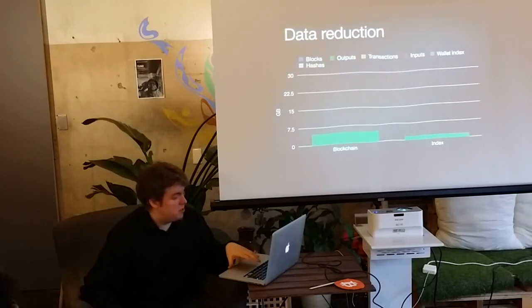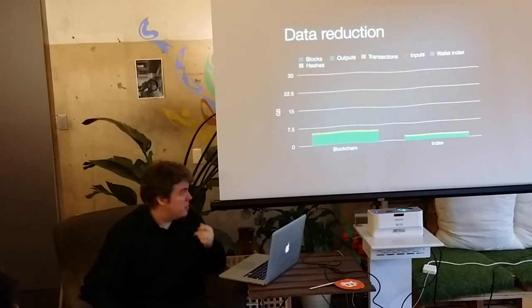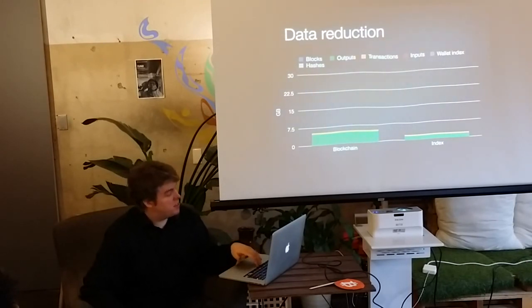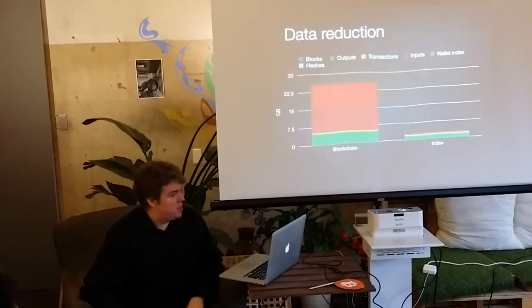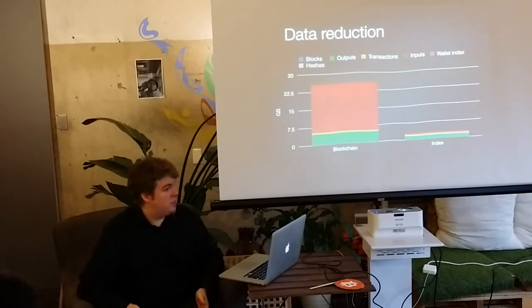In our reduced index, we can store it with a lot less. Transactions are not really that big either, for the same reason as the blocks. The big space waster in the blockchain is all the inputs, because in the blockchain you have to encode the cryptographic chain of ownership as well. We don't really need that for our database.